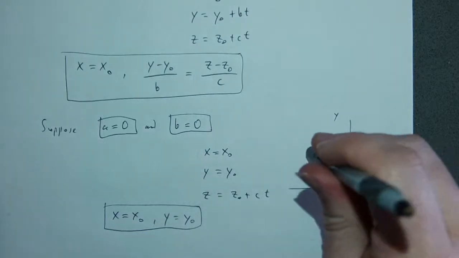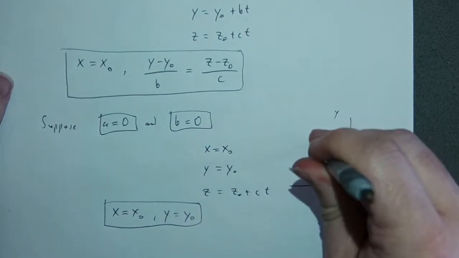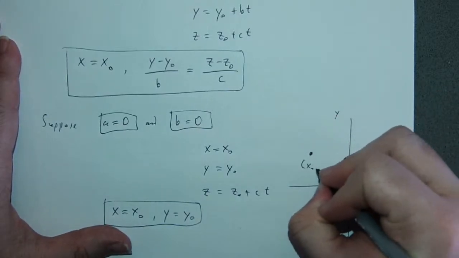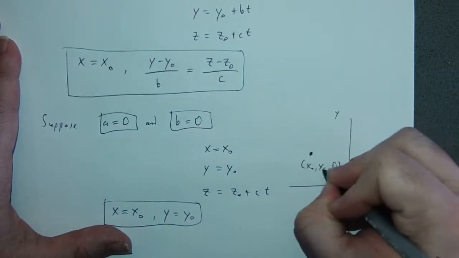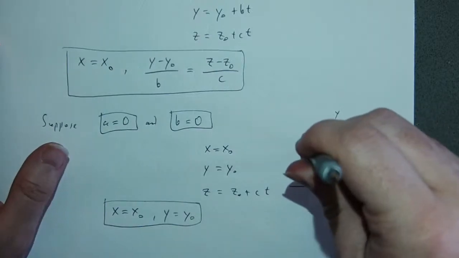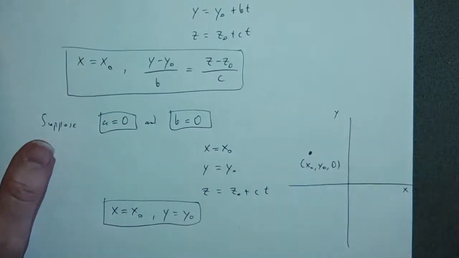Well, a vector like that looks like this. It's just vertical. And so if this is the point x naught, y naught, 0, this is a point on that line, and the line in question is just the vertical line through that point.